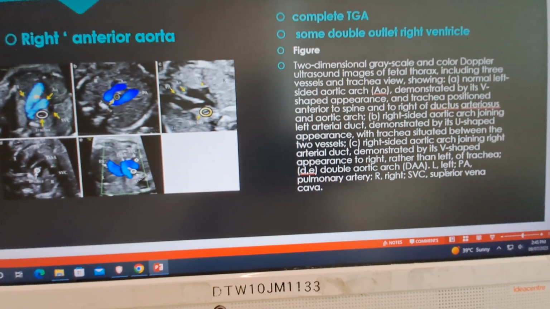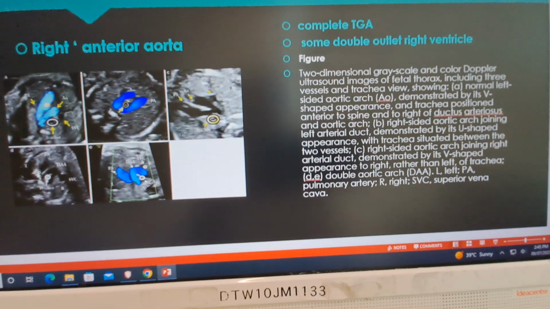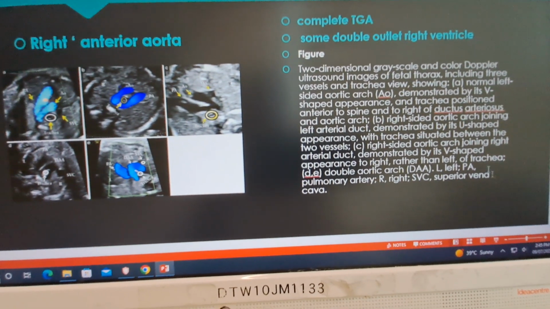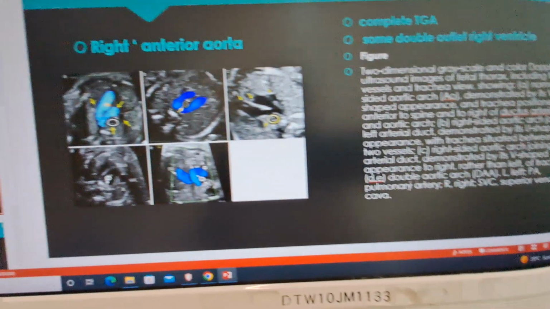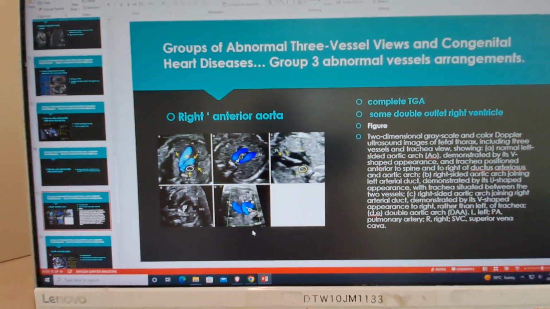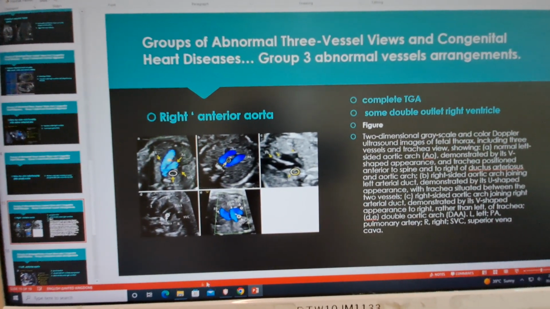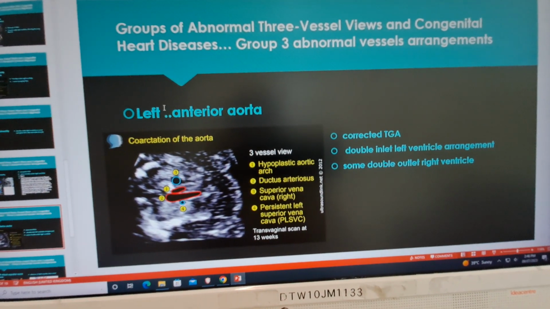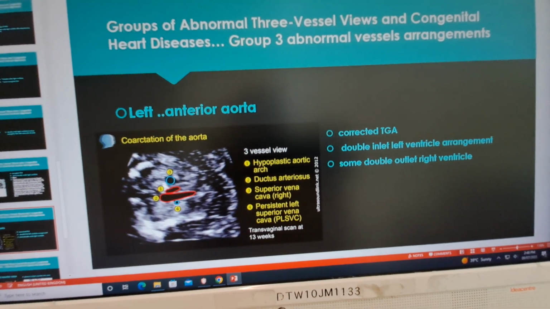And the last one is this one. This is the trachea. This is the abnormal arrangement in between them. This is the finding of the abnormal right aortic arch. Now this is the left side movement of the anterior aorta.